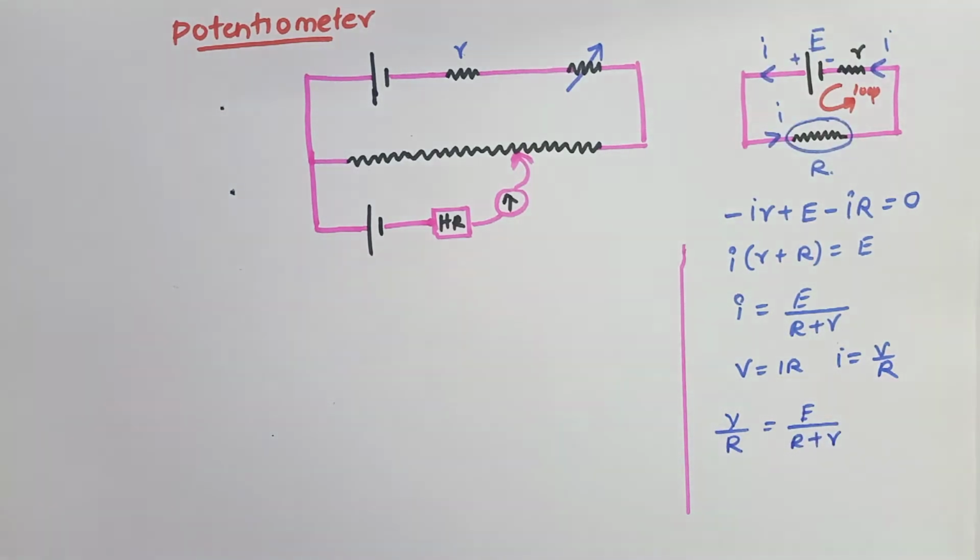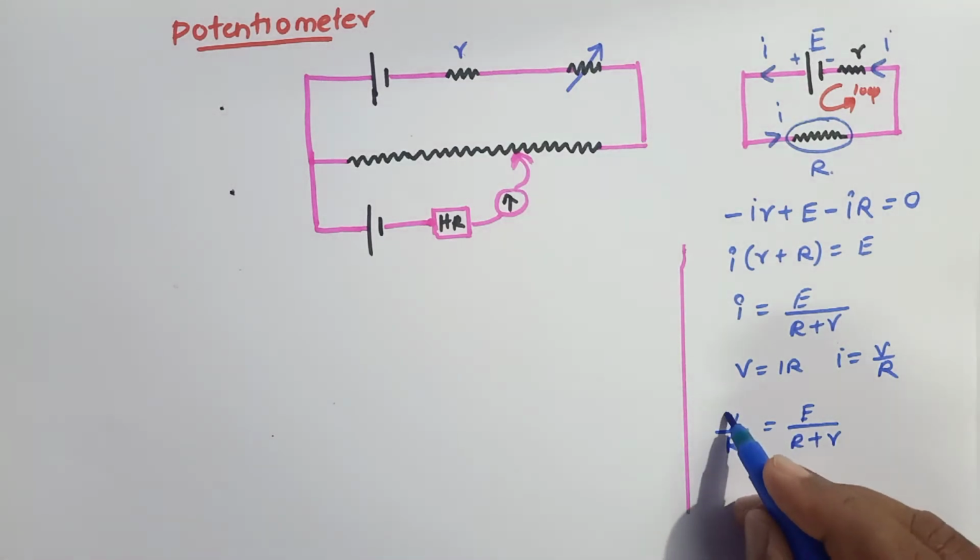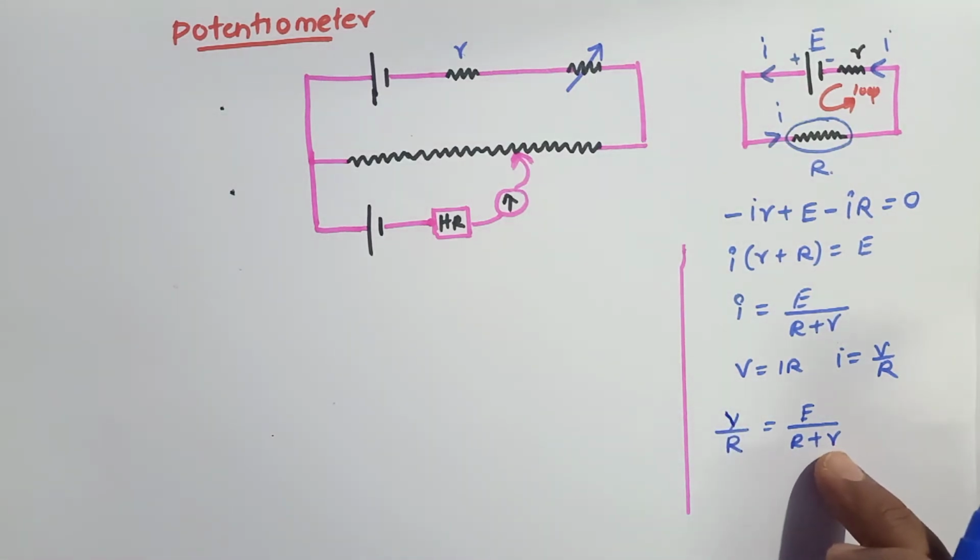Okay. So what is our aim here? Our aim is to find out what is small r. So for that, what are you going to do?